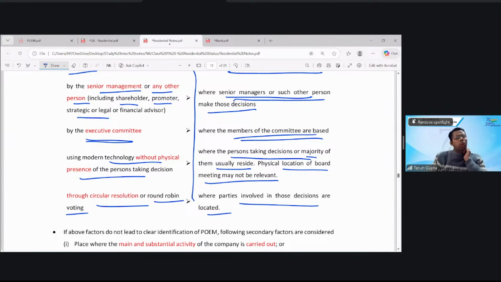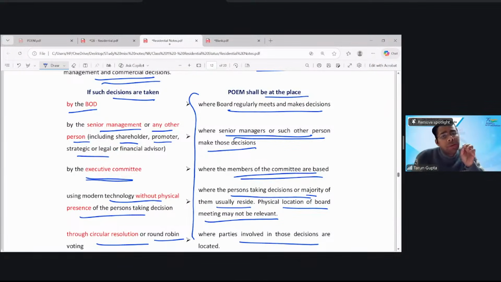So whatever be the case, you don't need to remember all these things. These are all illustrative. Whatever be the case, the poem shall be at the place where the person is taking the key management decision, whoever that person may be. If that person is the board of directors, then the poem shall be the place where the board meetings are happening.